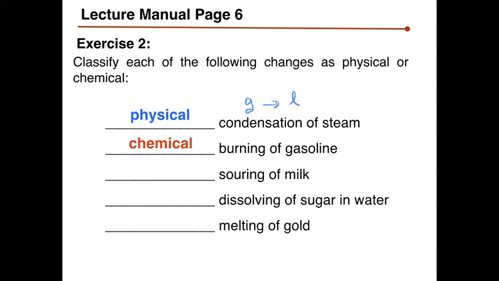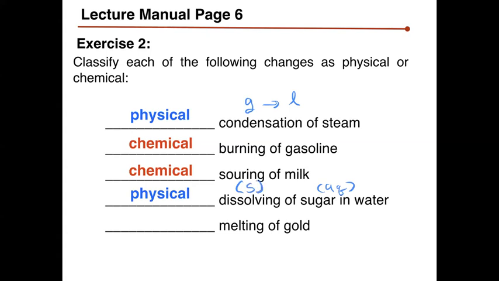Souring of milk, of course, it's definitely changed the composition. That's why it's become something else now, right? So that would be chemical. Dissolving of sugar in water, that would be physical. Things that you have not learned yet is the aqueous solution, the AQ. Sugar is in solid state.